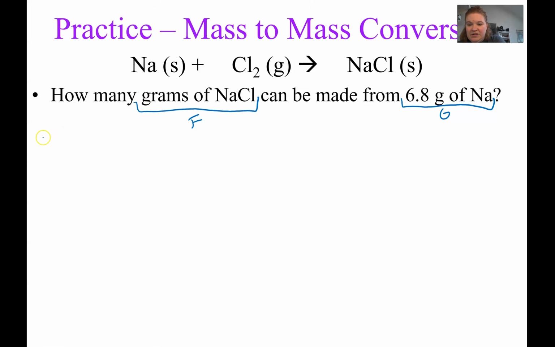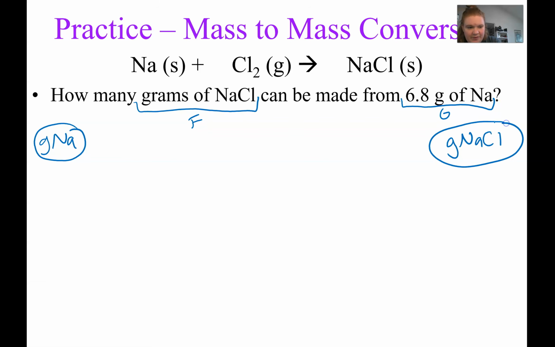So if I want to start with grams of sodium and I want to end with grams of sodium chloride, I know to get from one type of molecule to another, we're going to have to meet in the middle at the moles.